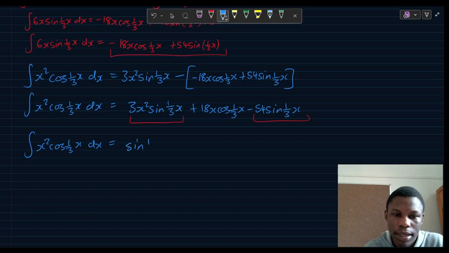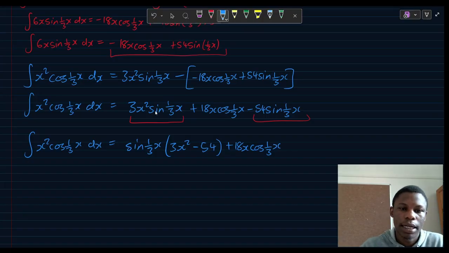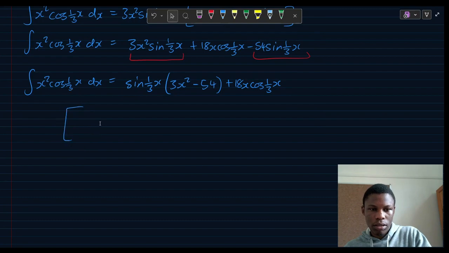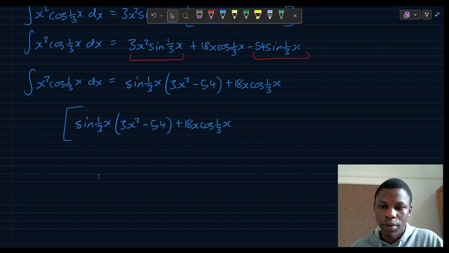So sine a third x, and then we've got 3x squared here, minus the 54 there, and then plus 18x cos a third x. And now we can bring back our limits. Our limits are from 0 to pi.